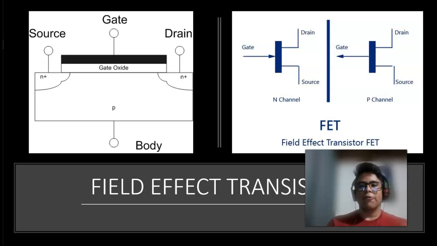They were first manufactured in 1946. There are two types of field effect transistor, the JFET and the MOSFET. It is a three-terminal component called gate, source, and drain.